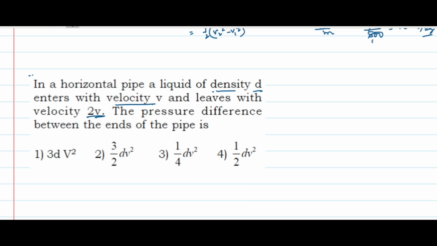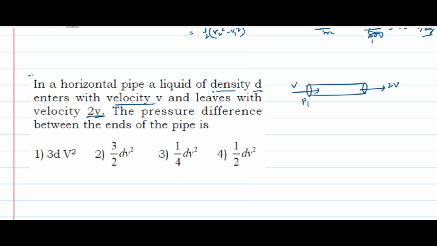We need to calculate the pressure difference. First, take P1 as the pressure where the liquid enters the horizontal pipe, with velocity V, and it leaves with velocity 2V.